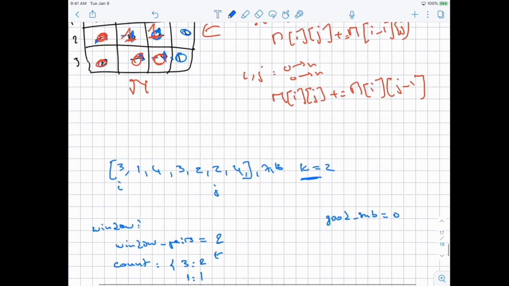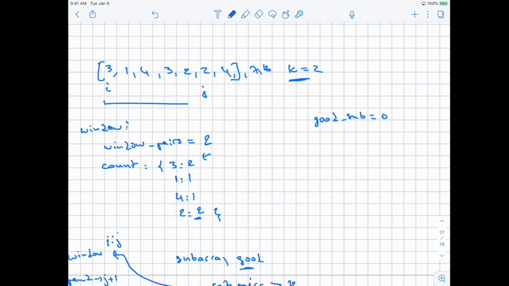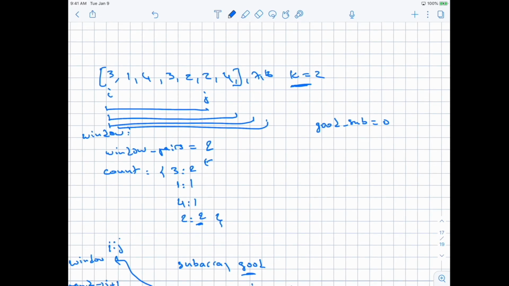As I said earlier, we want to count this subarray because it's good, but also, since this one is good, adding more will only make it better or keep it the same, since the condition says bigger or equal to K. And if we had more numbers like 7 and 8, we will still want to count all of these. So how many do we need to count? Each of them creates a new subarray.